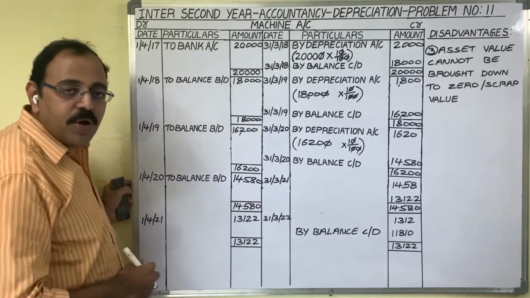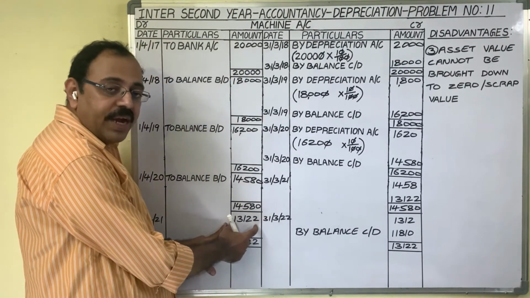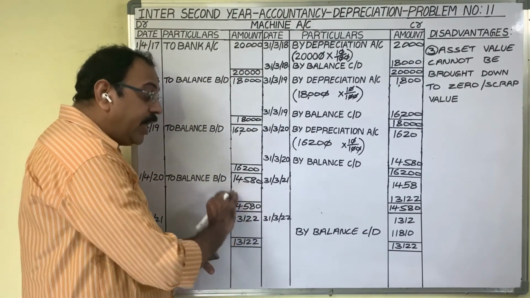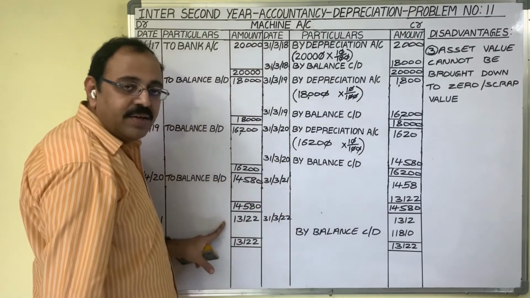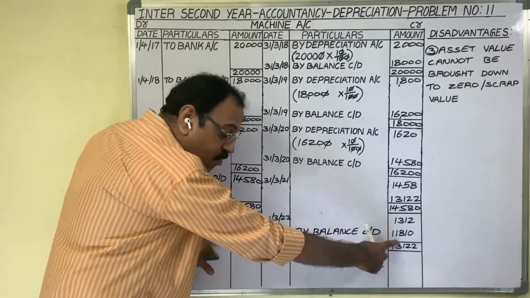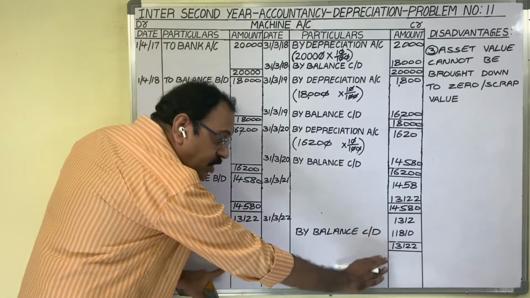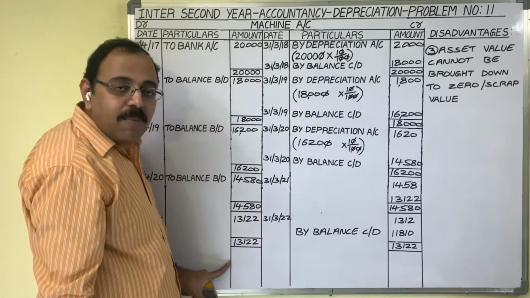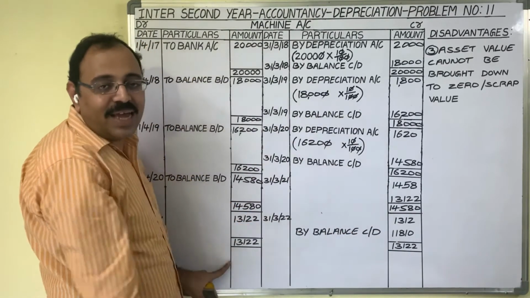But here it is not possible because whatever is the value on the debit side, in that only 10% we are providing as depreciation on the credit side. So 90% balance will be there now. Whatever may be the amount here, out of that only 10% we are crediting. So compulsorily the remaining 90% appears as balance carried down.